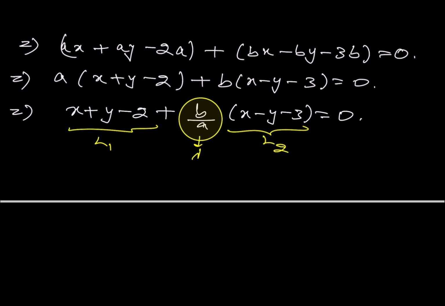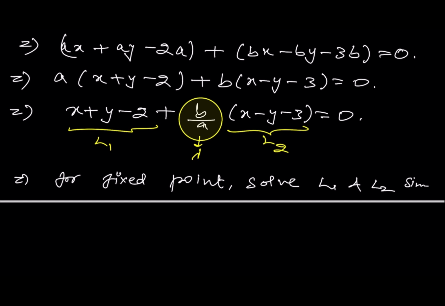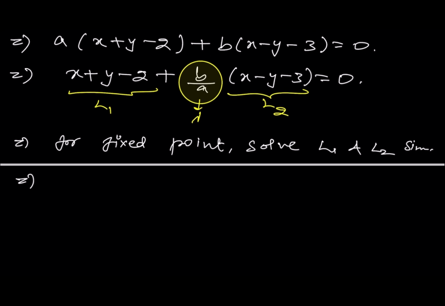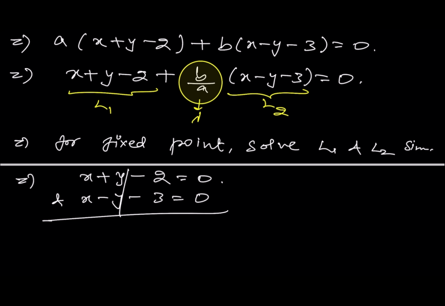So for the point of intersection, we will solve L1 and L2 simultaneously for the fixed point. I will write x plus y minus 2 is equal to 0 and x minus y minus 3 is equal to 0. So y and y cancel out. 2x minus 5 is equal to 0 becomes x is equal to 5 by 2.